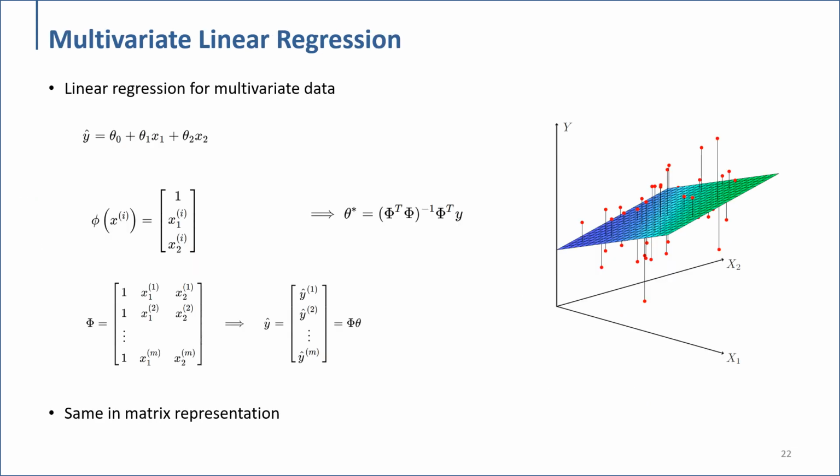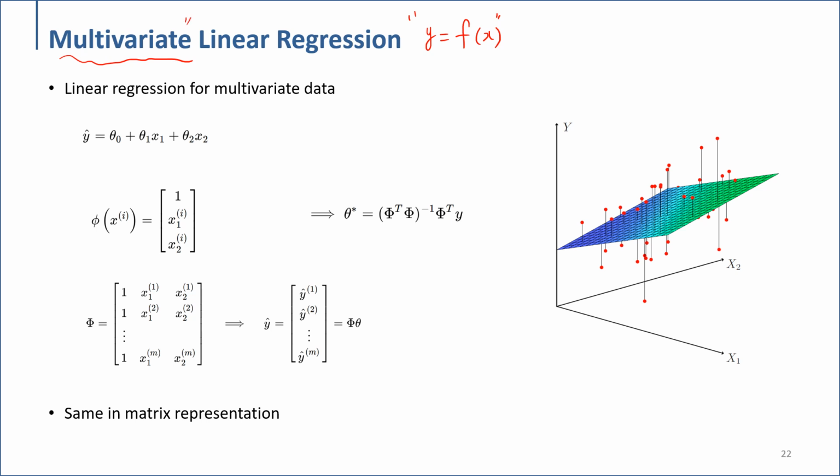So far we have looked at a very simple case where only a single independent variable exists. So let's say y is just equal to a function of x. That was the simple case that we have looked at so far. And from now on, we're going to expand this idea to multivariate linear regression.